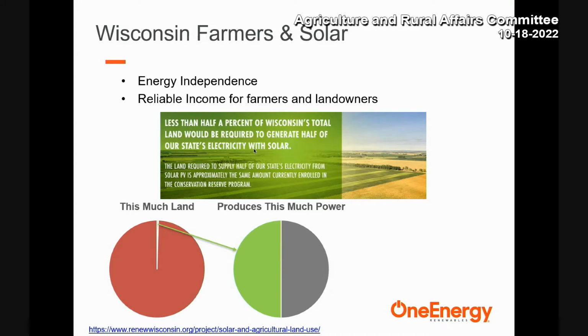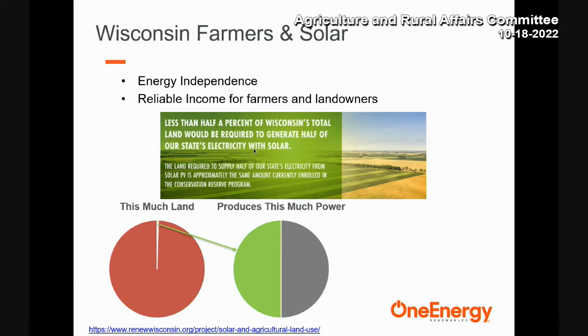Renew Wisconsin has done a great analysis, and I've included a link at the bottom of this, but it's on their website. Basically, they've looked at the average efficiency of a solar project in Wisconsin, and it would require roughly 0.5% of Wisconsin's ag land to produce half of the state's electricity.